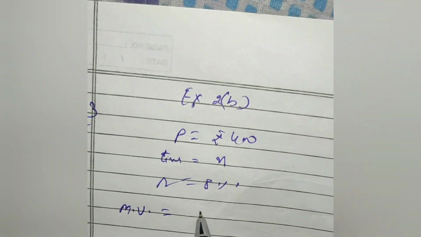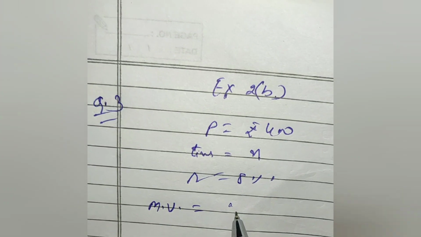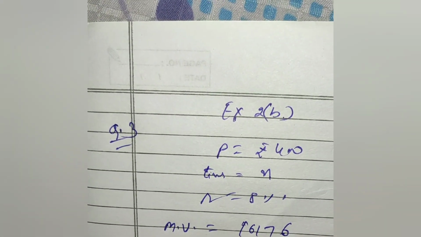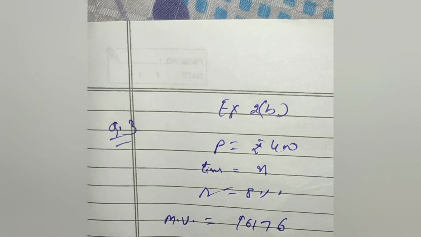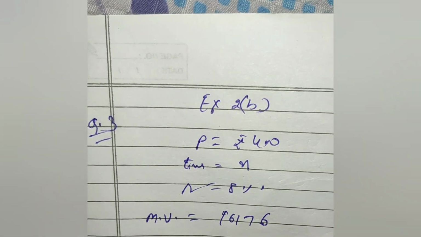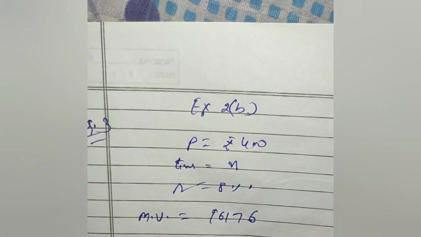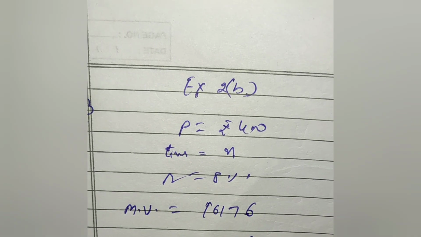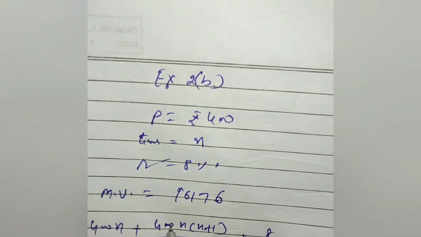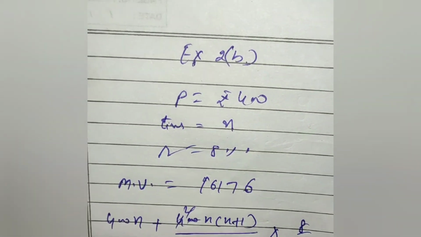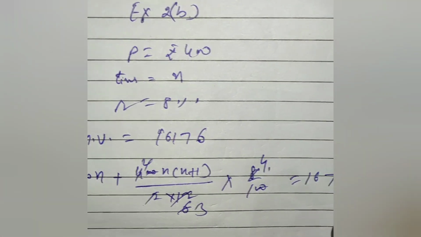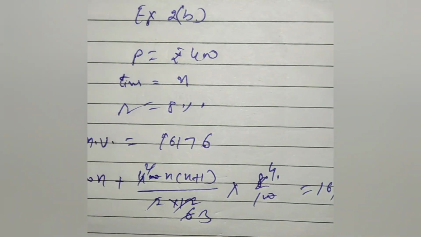The same formula you can use. Maturity value is given as 16,176, and using the formula, P is 400 into n plus 400 into n into n plus 1 over 2 into 12 into 8 over 100 is equal to 16,176 rupees.